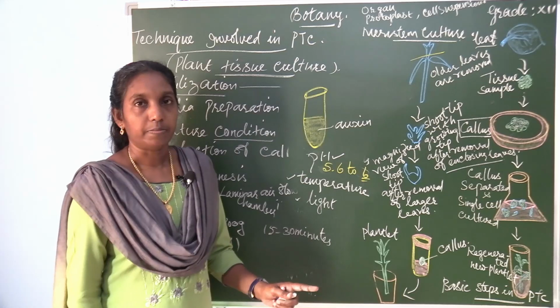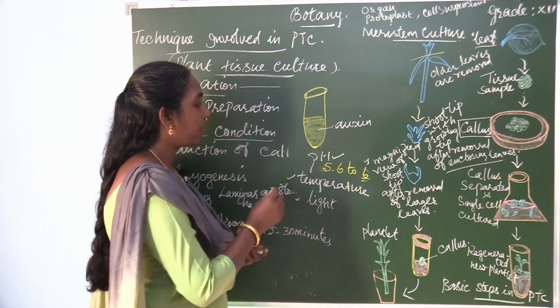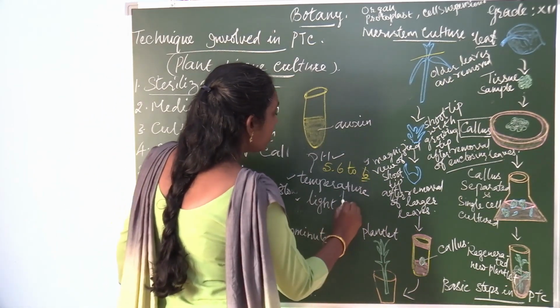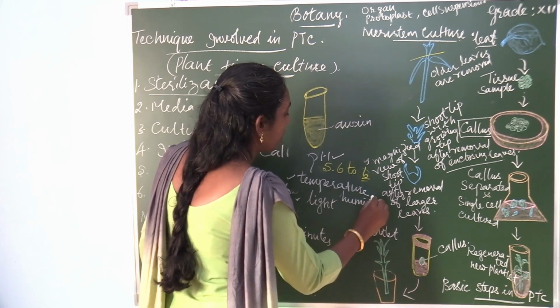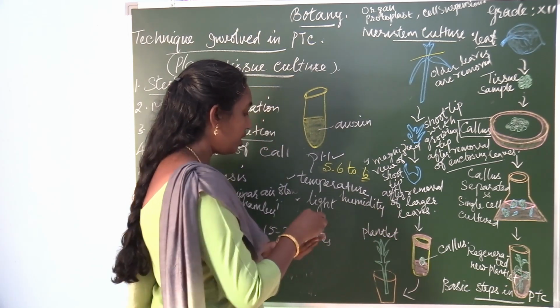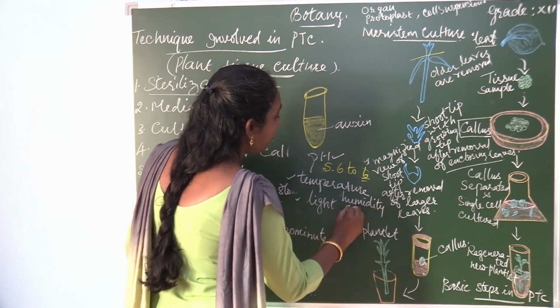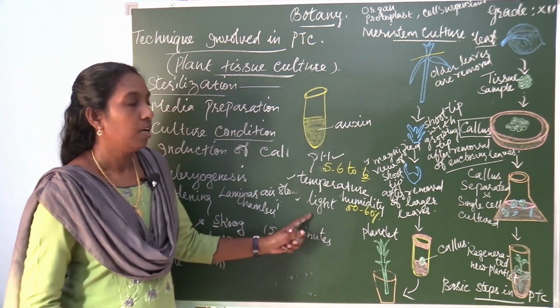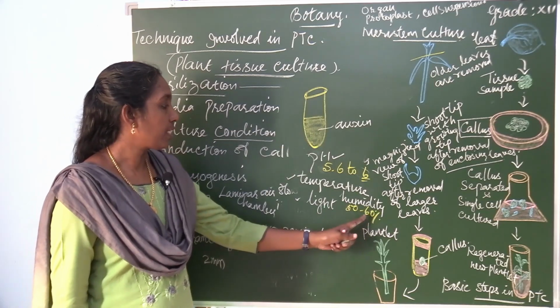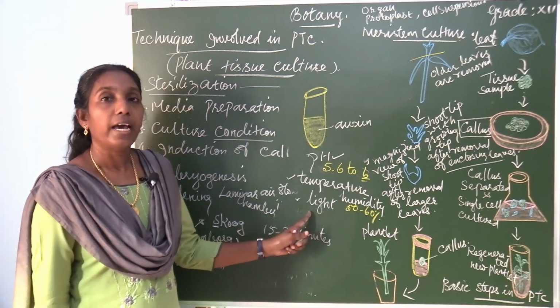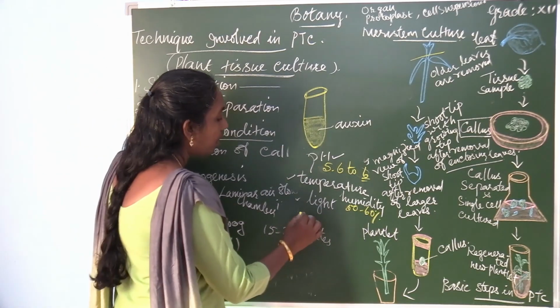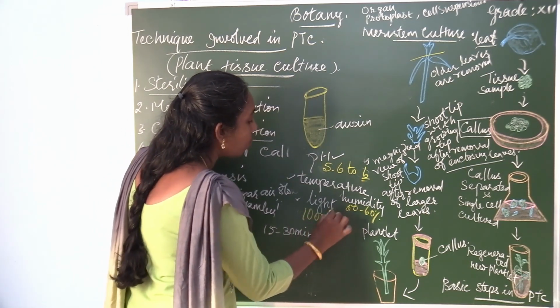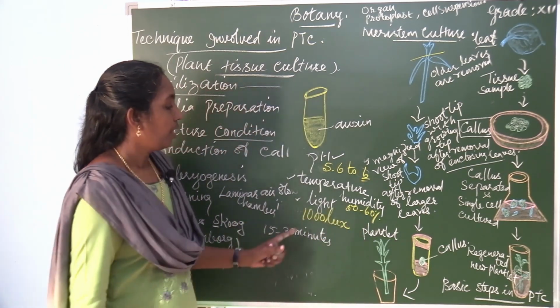And the temperature and humidity: 50 to 60% humidity must be given. And the light intensity is approximately 1000 lux.